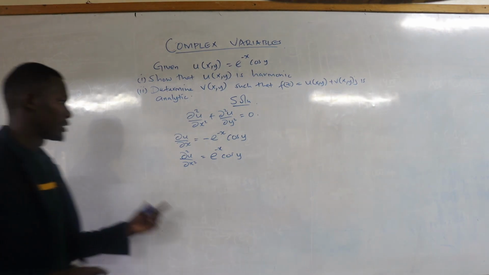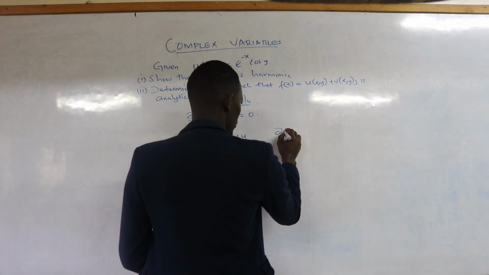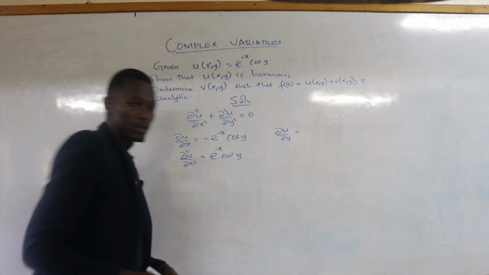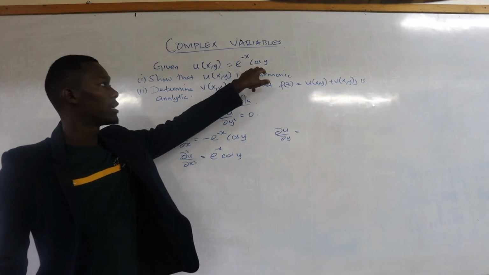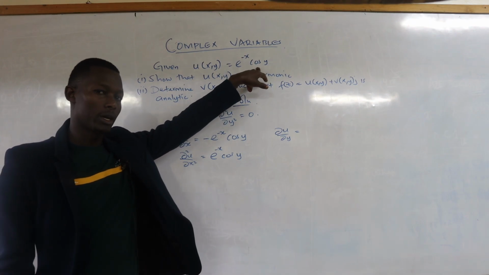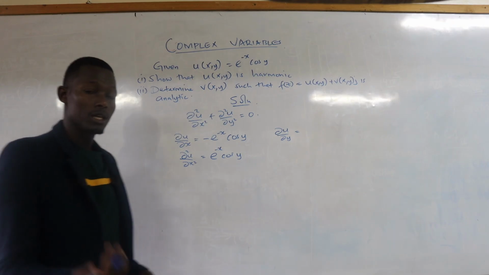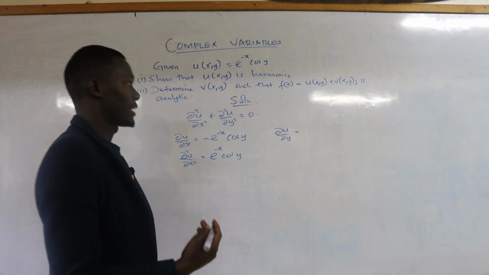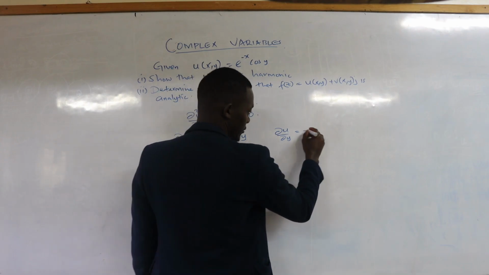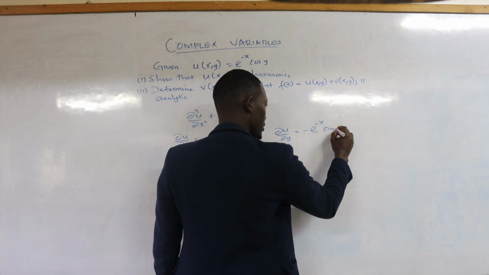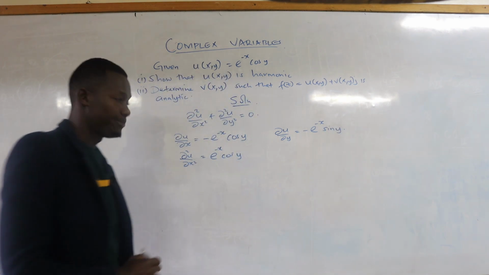Now with respect to y, du dy. In this case we only differentiate the cosine of y; we don't interfere with the exponent. When you differentiate cosine you get negative sine, so the negative comes there, then e to the negative x, sine of y.